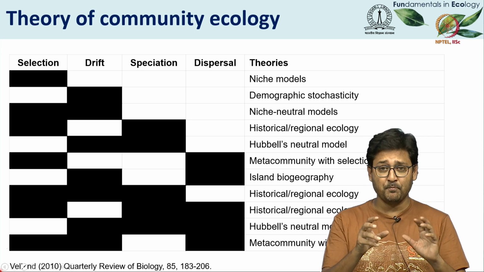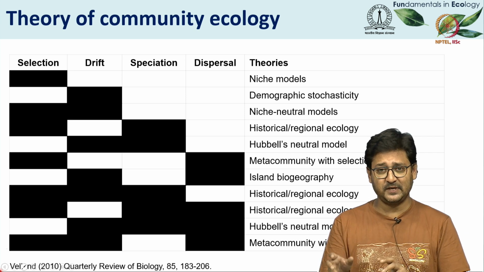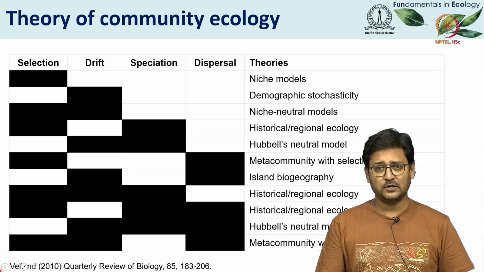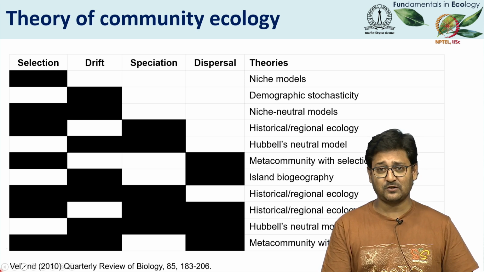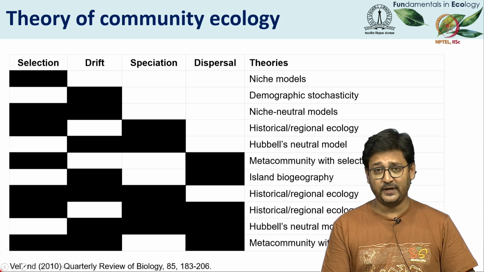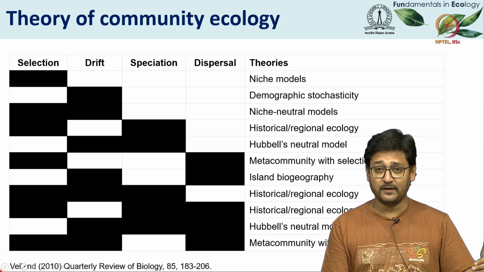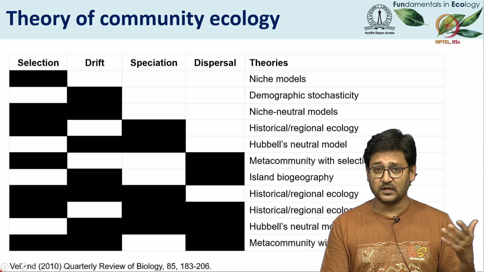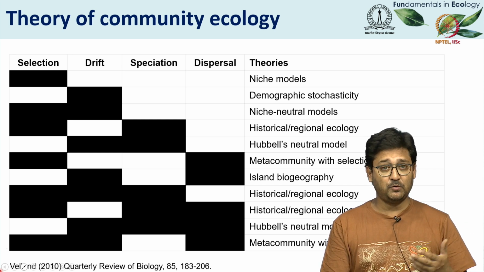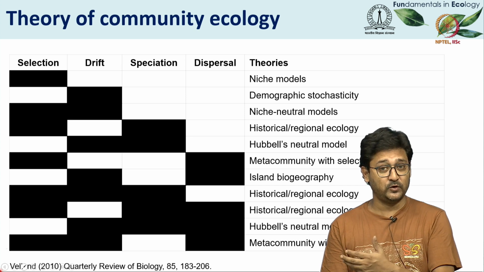The relative importance of selection, drift, speciation, and dispersal might be different in different communities. You might have some communities that are very strongly influenced by selection, other communities in which drift or randomness plays a larger role, other communities in which selection and drift play equal roles along with some influence of dispersal.